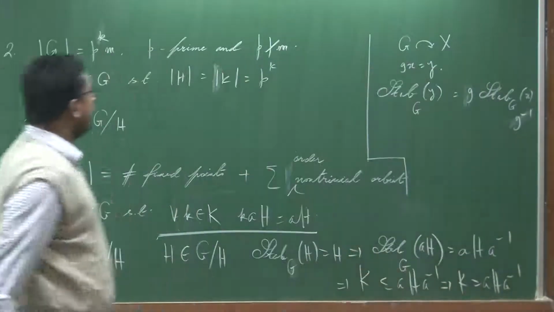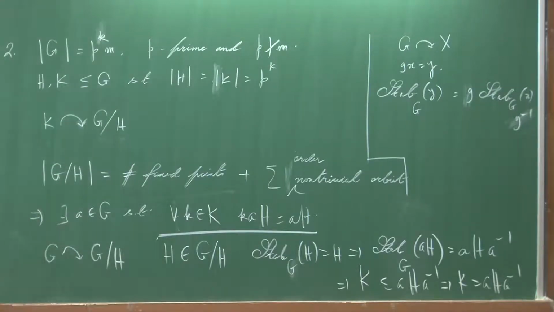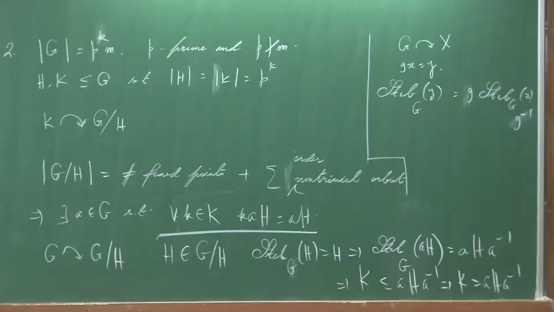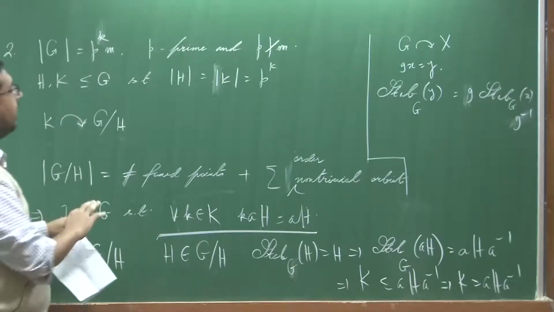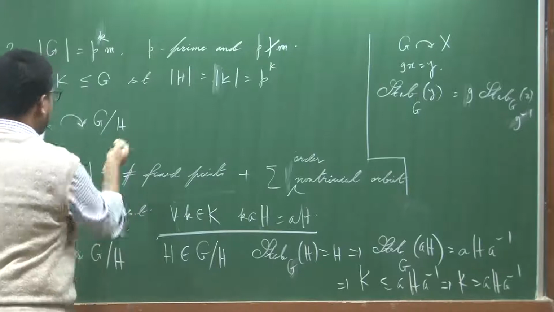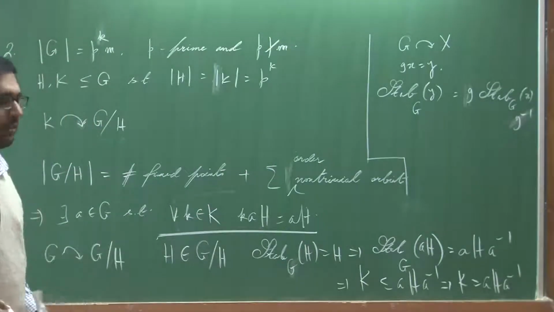So, what we have proved is, in such a situation, if H and K are two subgroups with this order, that is the maximum power of the prime dividing the order of G, then H and K must be conjugate. We get it as a consequence of the action on the space of cosets, and of course, we then exploited the class equation.